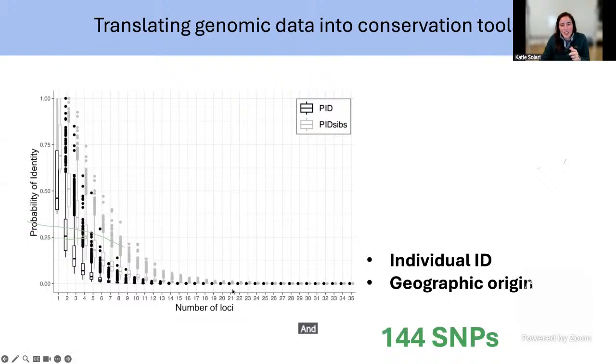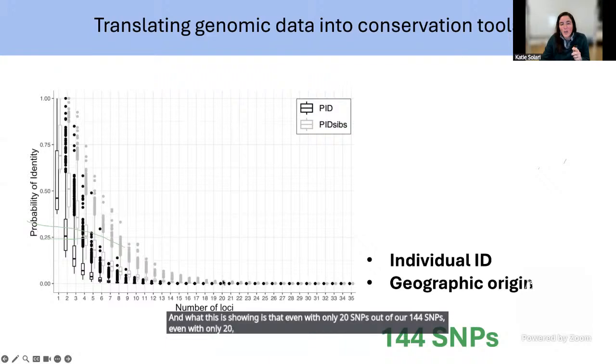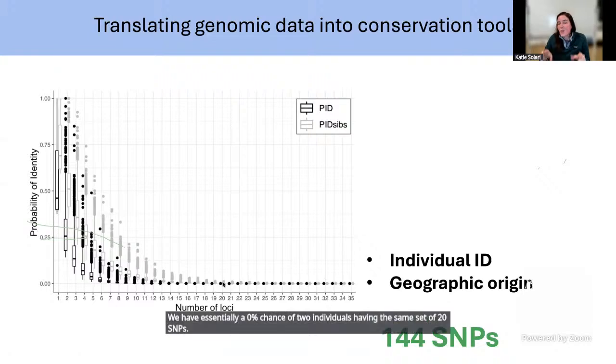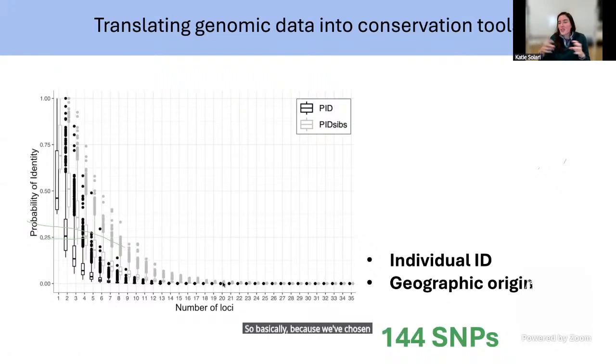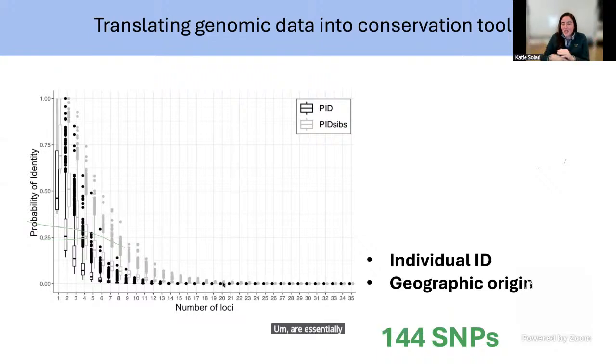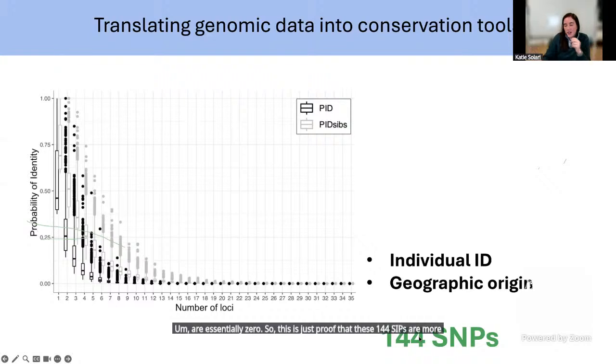And what this is showing is that even with only 20 SNPs out of our 144 SNPs, we have essentially a 0% chance of two individuals having the same set of 20 SNPs. Because we've chosen SNPs that are so variable, the odds of two individuals having the same SNPs are essentially zero. So this is just proof that these 144 SNPs are more than enough to answer our questions.